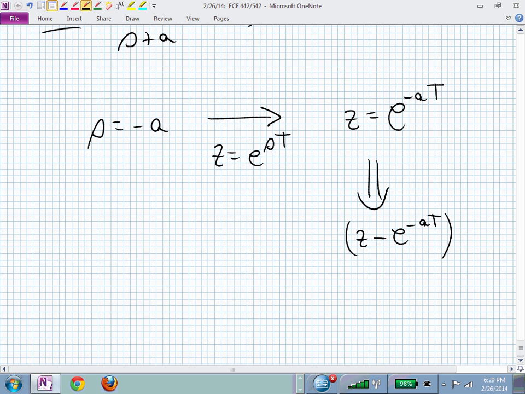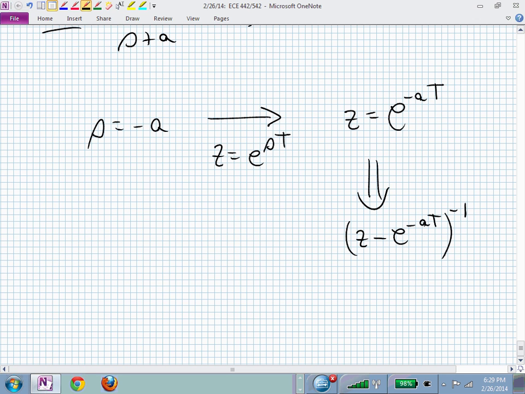Now I replace that s plus a in H of s with this z minus e to the minus aT in the H of z. Is that okay? And this is actually going to be downstairs as a pole, so I might want to say, oh, that's z minus e to the minus aT raised to the minus 1.